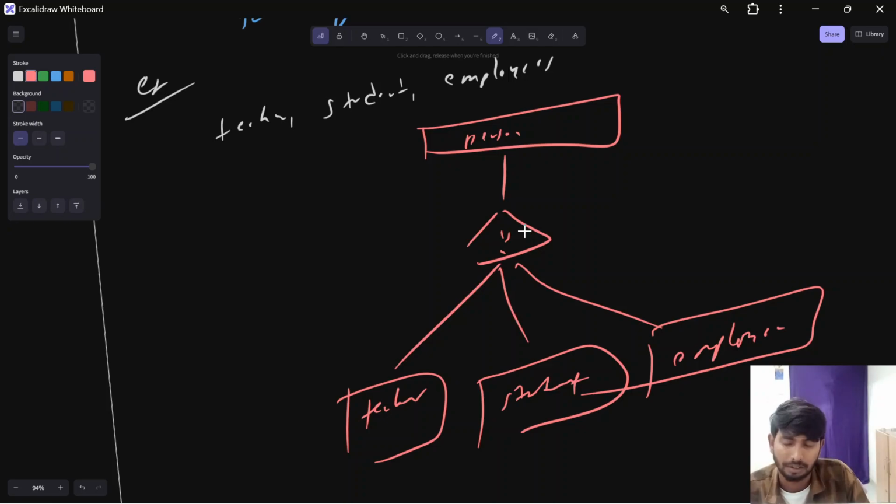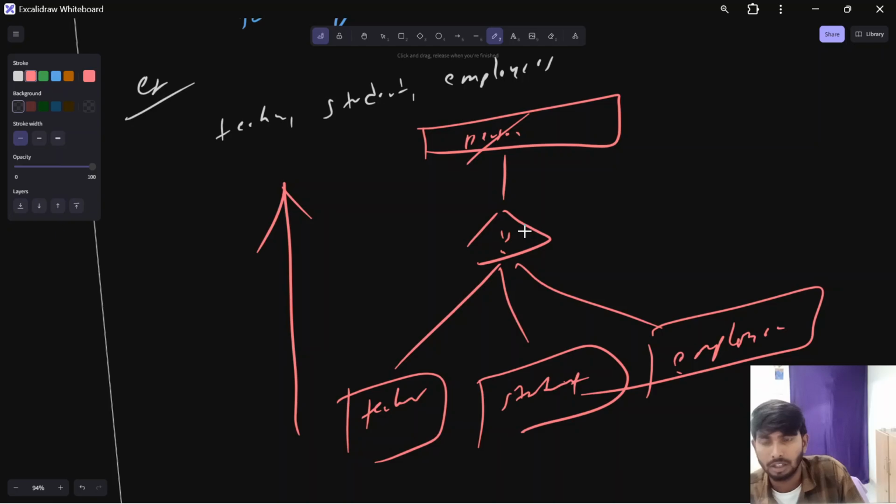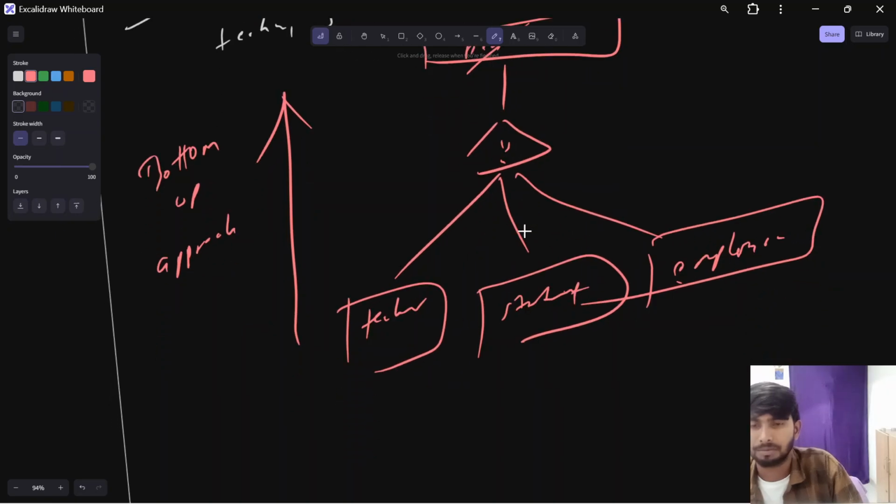This is called: teacher is a person, student is a person, employee is a person. That means it's a bottom-up approach. Understand?